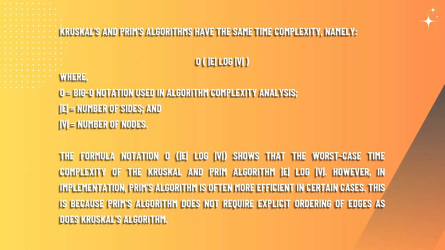The notation O(|E| log |V|) shows the worst case time complexity of the Kruskal and Prim algorithms. However, in implementation, Prim's algorithm is often more efficient in certain cases. This is because Prim's algorithm does not require explicit ordering of the edges as Kruskal's algorithm does.